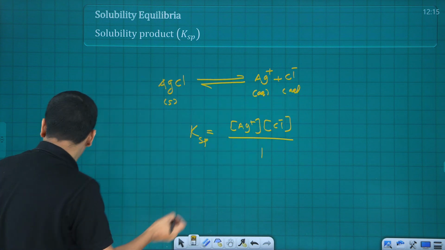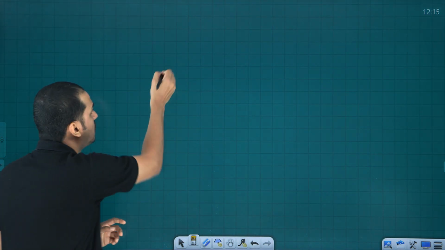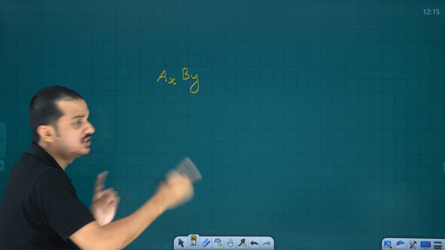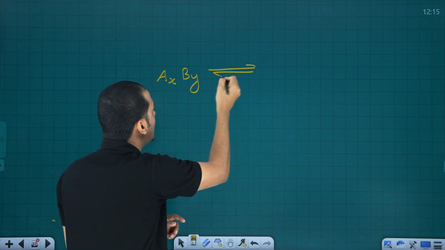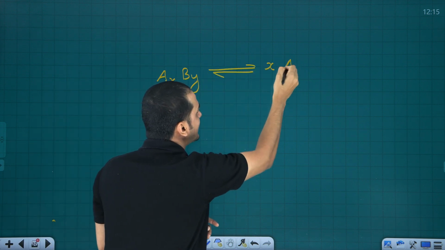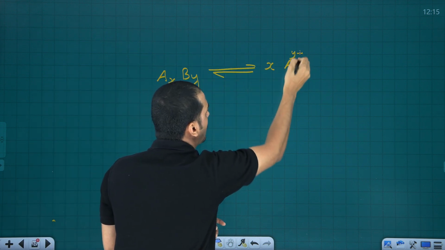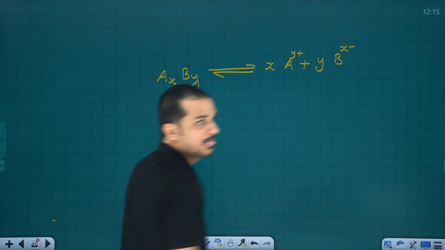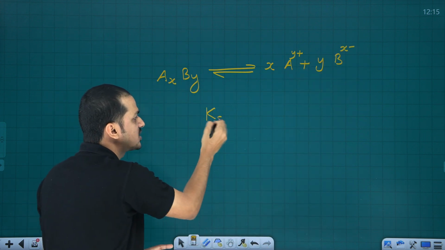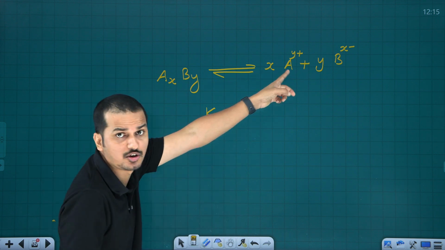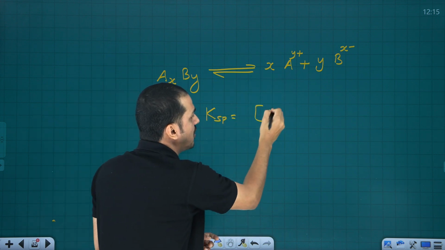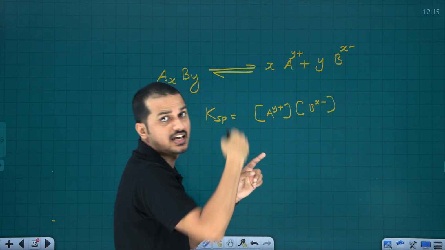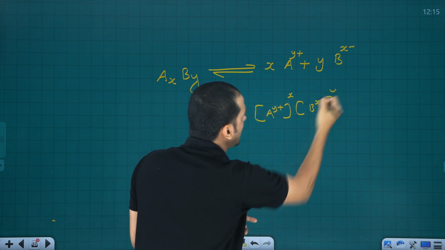If your sparingly soluble salt is AxBy, how will it dissociate? It will dissociate like x number of Ay plus as well as y number of Bx minus. Then solubility product Ksp equals the product of ions, Ay plus into Bx minus, raised to x as well as y.